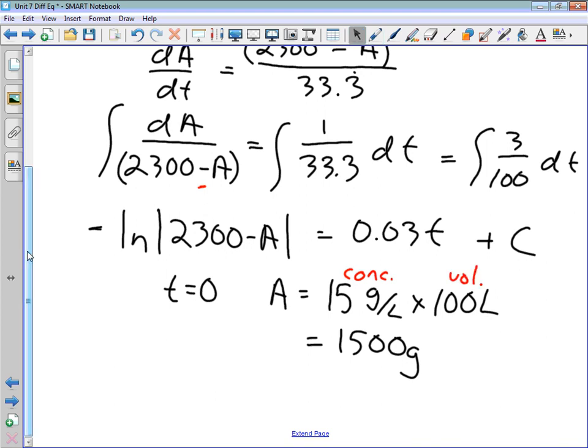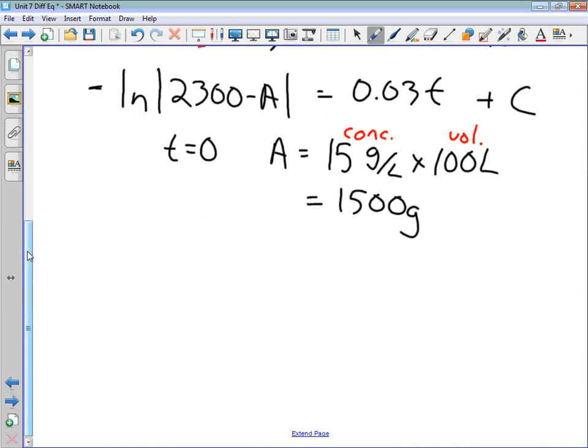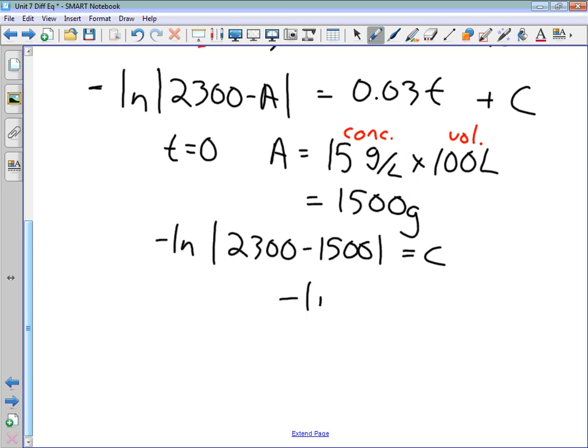So if we sub in t equals 0, we get negative ln(2,300 minus 1,500) is going to equal C. So negative ln 800 is going to be our constant of integration.